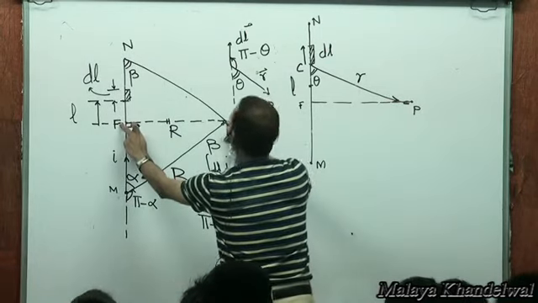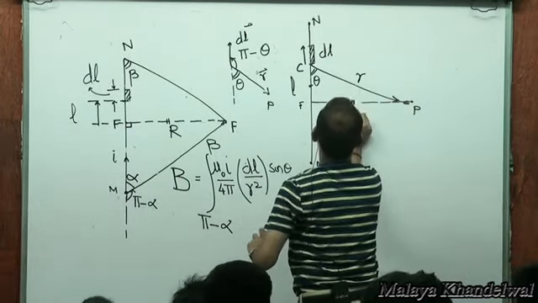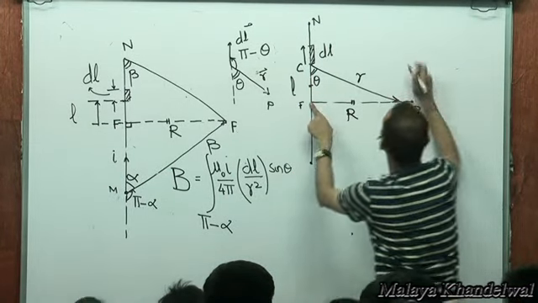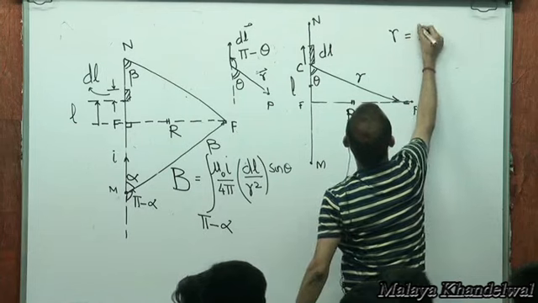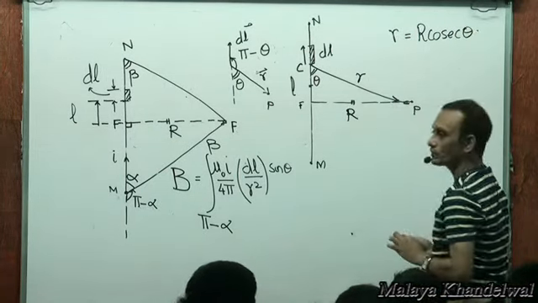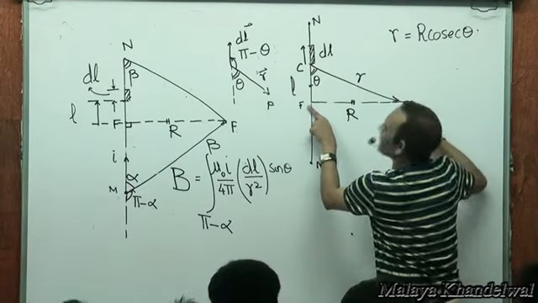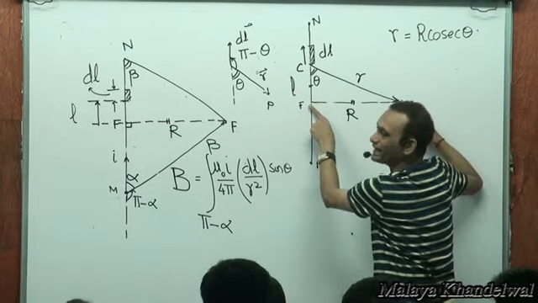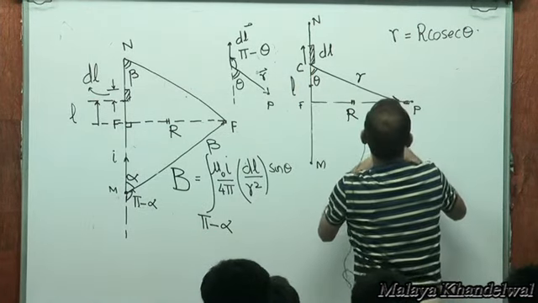This distance is r. So would you mind believing that small r is capital R cosec theta? And small l would be capital R cot theta.